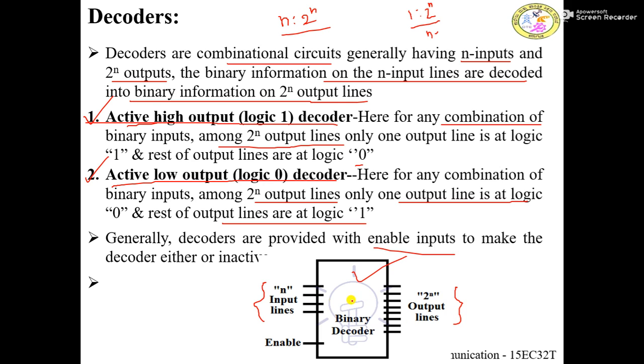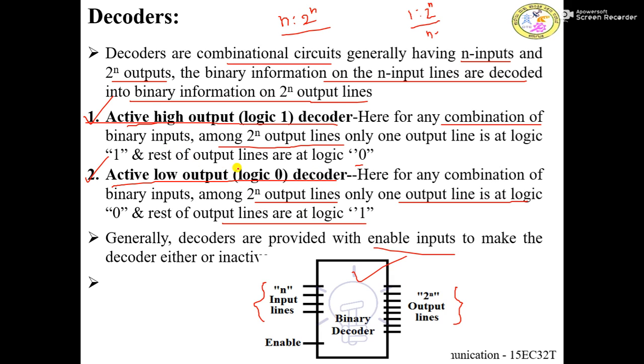Decoder means, according to the binary information on the n input lines, out of these 2 to the power of n output lines, only one output line will be active, and the rest of the output lines will be inactive. Whichever line is active will be logic 1 in case of an active high output decoder, and logic 0 in case of an active low output decoder.